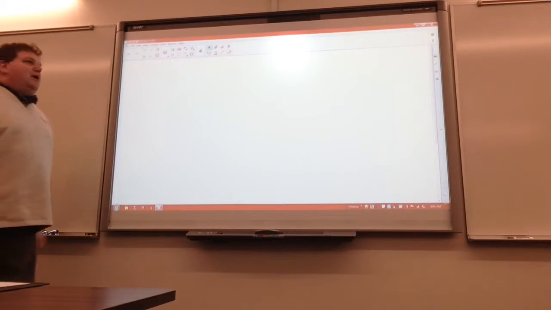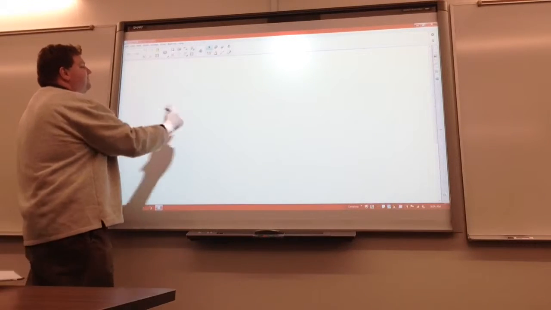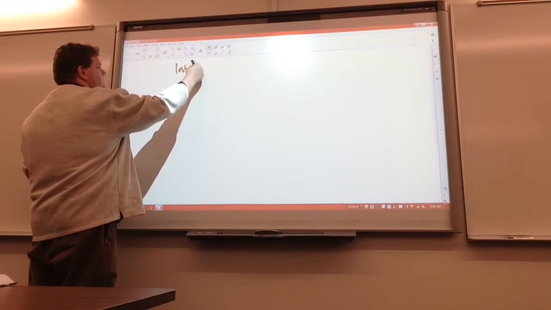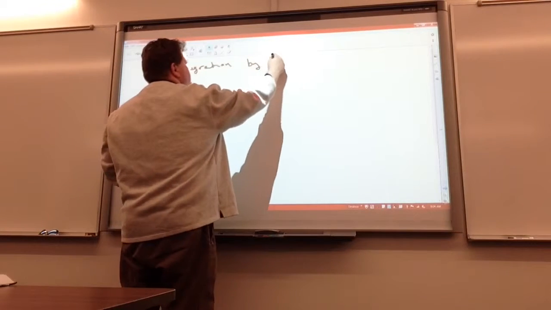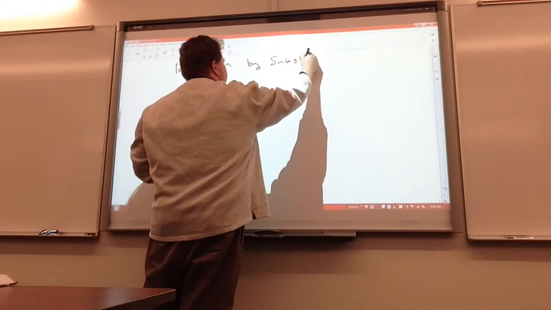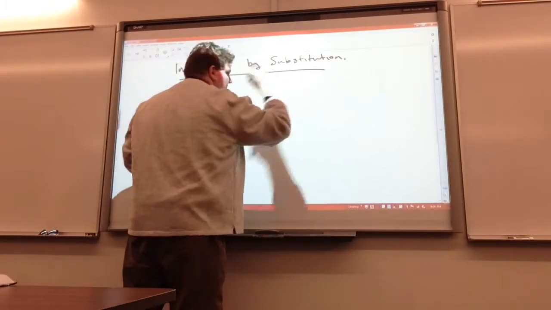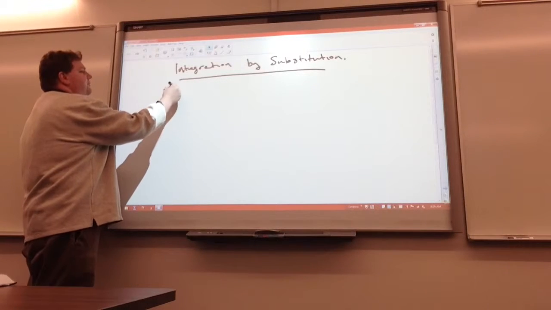As a quick refresh of how the substitution method works. Basically, you do integration by substitution. This is essentially the chain rule in reverse, okay?